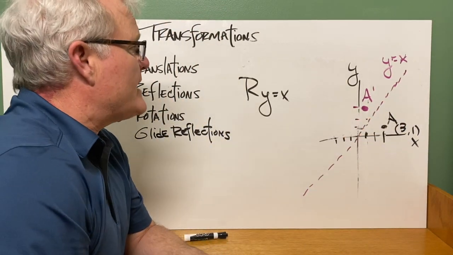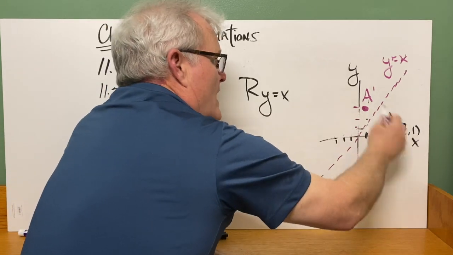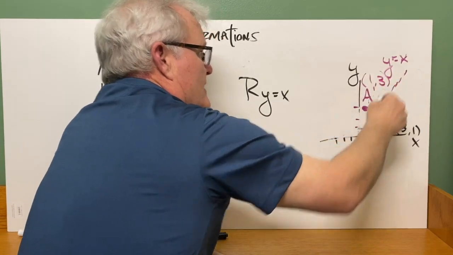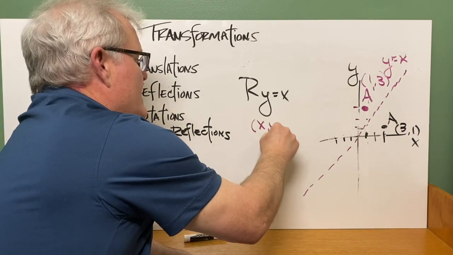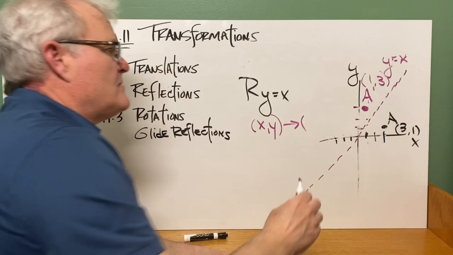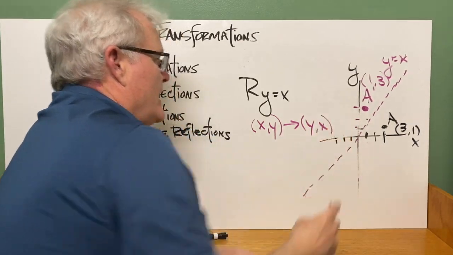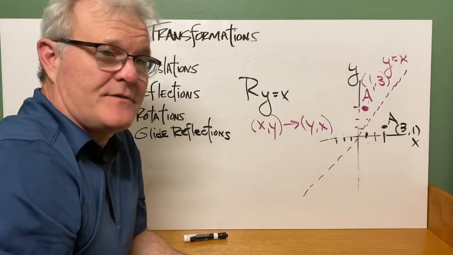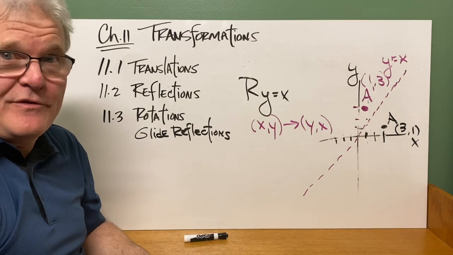And you'll notice for y equals x, all that happens is you switch the coordinates. 3,1 gets mapped to 1,3. So a nice little trick for that one was, any x,y coordinate is going to get sent to, all you do is flip the coordinates, y,x. And in Big Ideas Math, they explain that to you. So that should be, hopefully, review for you guys.